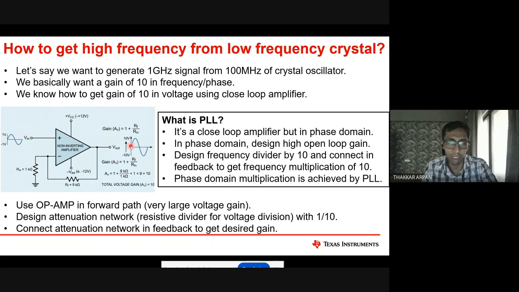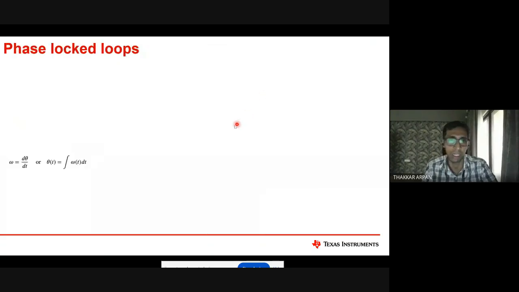For voltage multiplication, we put a resistor divider, an attenuator, in the feedback path. So if you want frequency multiplication in the forward path, you put a frequency divider in the feedback path. If you put a frequency divider of 10 in the feedback path, you can essentially get a multiplication of 10. That is nothing but called a PLL.